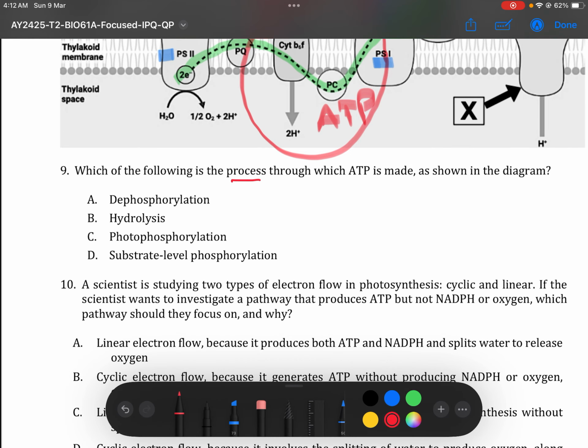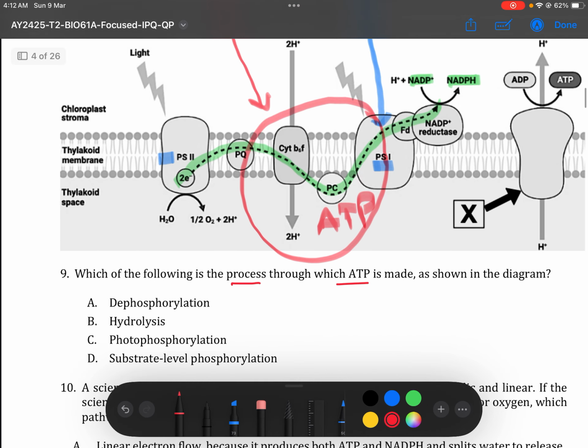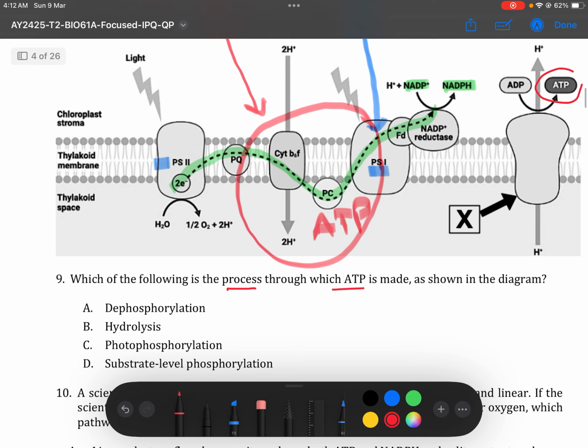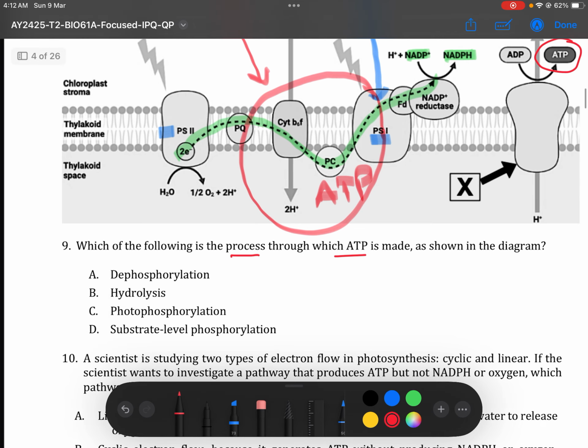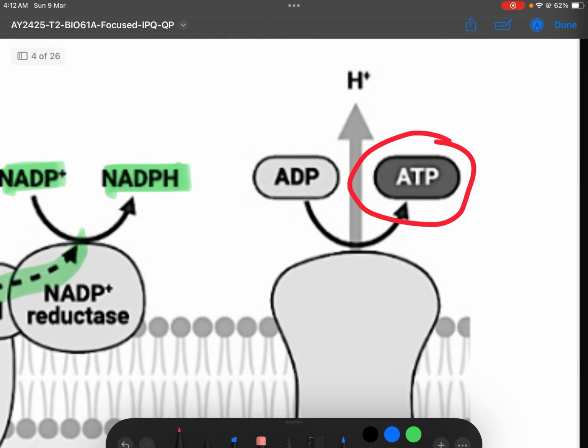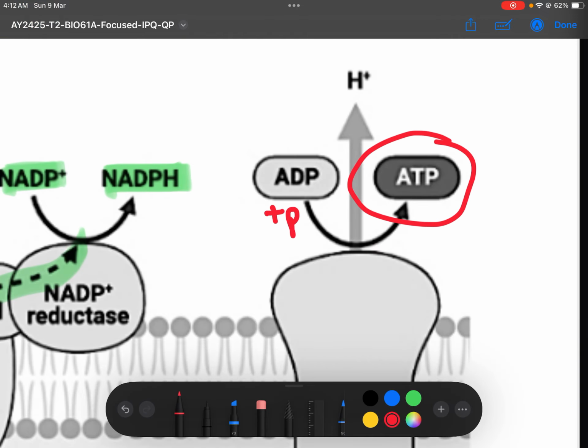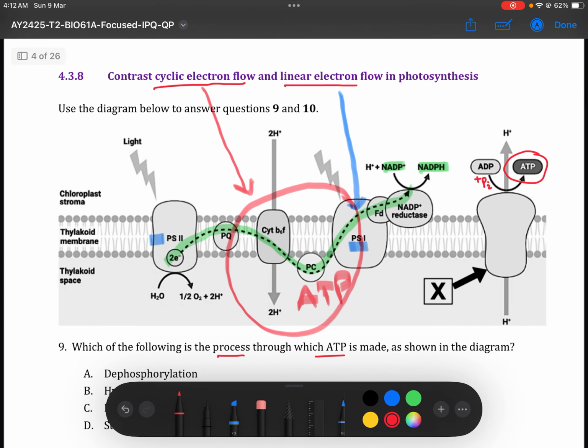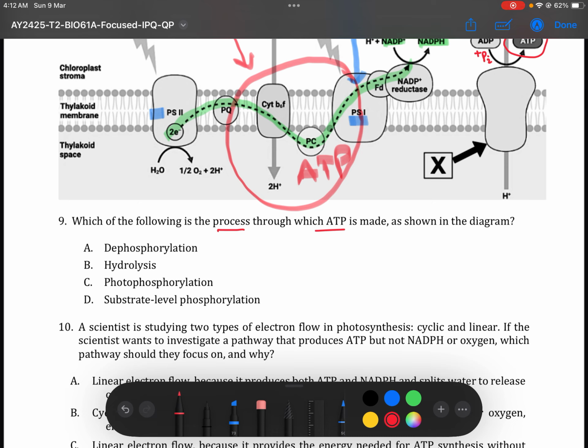Which of the following is the process through which ATP is made as shown in the diagram? We can see over here, this is the place where ATP is made. Of course ATP is produced from ADP. And how is this happening? This is happening by the addition of an inorganic phosphate, and the addition of the phosphate is called phosphorylation. Based on that, phosphorylation is here, here, and here. So of course D is not the answer.